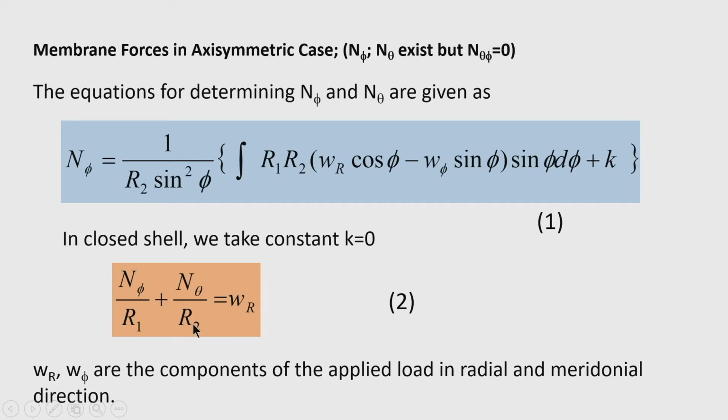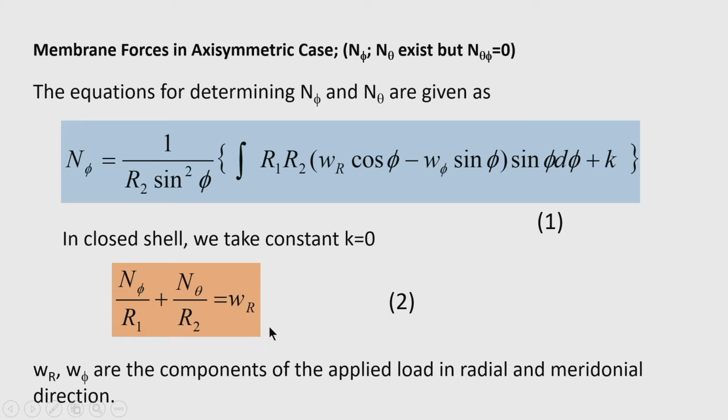Equilibrium condition is taken here along the normal direction, normal to the tangent plane at any point in the meridian, and W r is the component of the load along the normal direction, along the radial direction. So, we call W r the radial load.